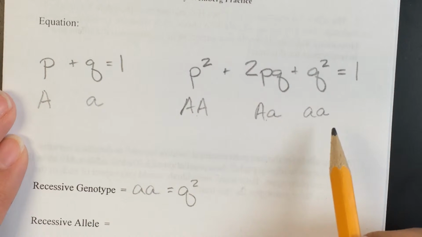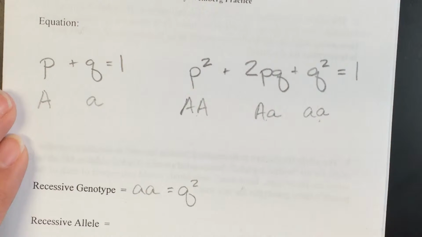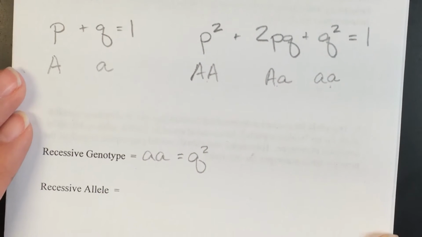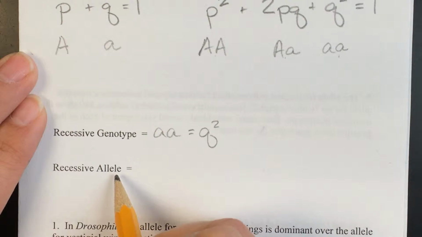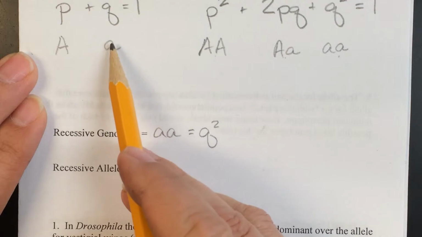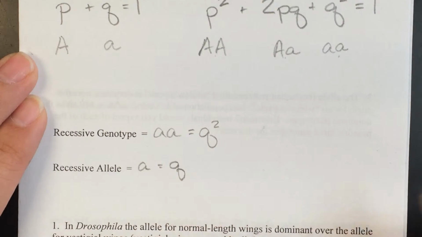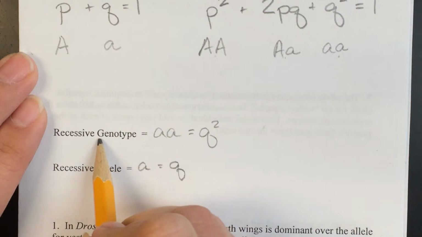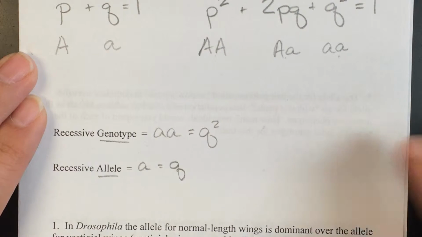But if we see the recessive phenotype, we know it must be the recessive genotype. And that is really, really handy as we work Hardy-Weinberg. So likewise, if they're asking for the recessive allele, then they just want to know our little a, which is our Q value. So it's important to pay attention in the problem if they're giving you genotype or allele information, as that'll affect your outcomes.